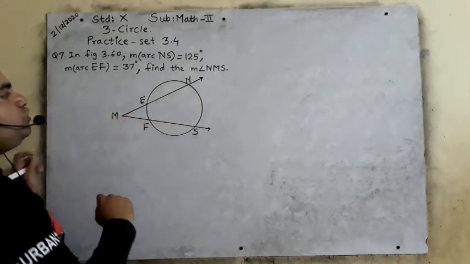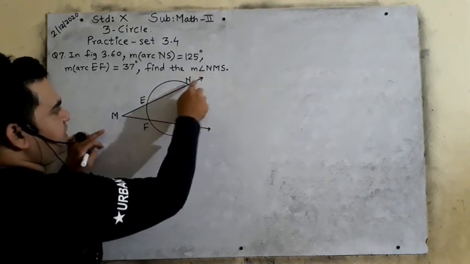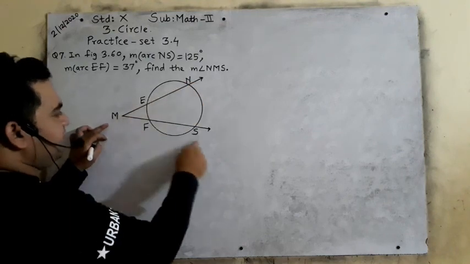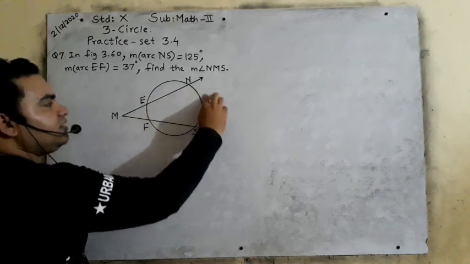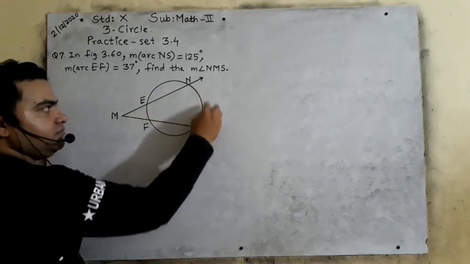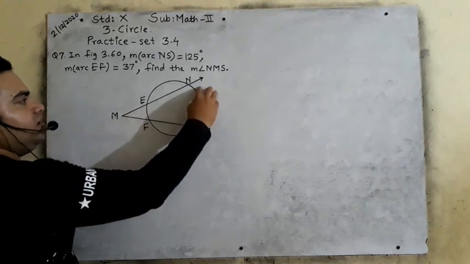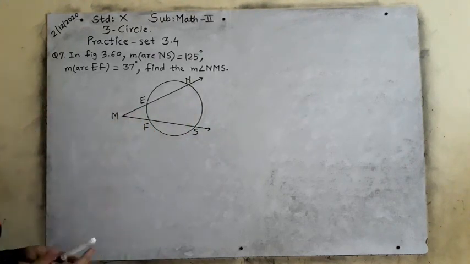See here. So if we have to find the angle NMS, angle NMS is equal to half of major arc NS minus arc EF, bigger arc minus smaller arc. It is very easy.